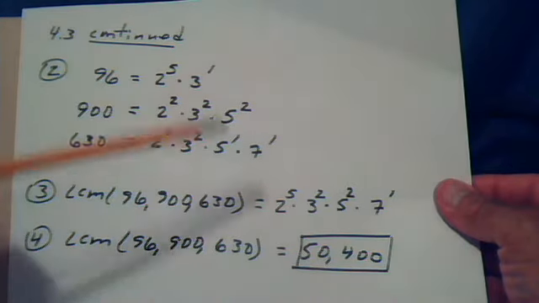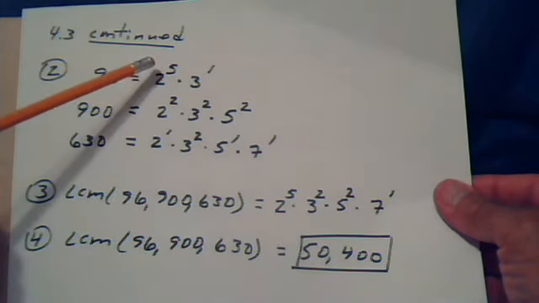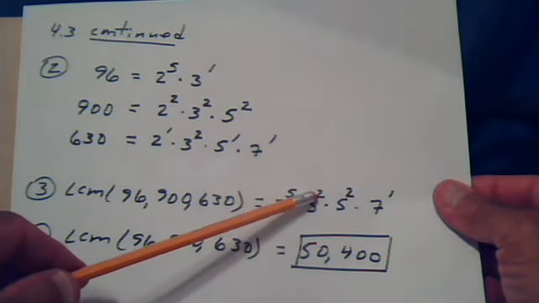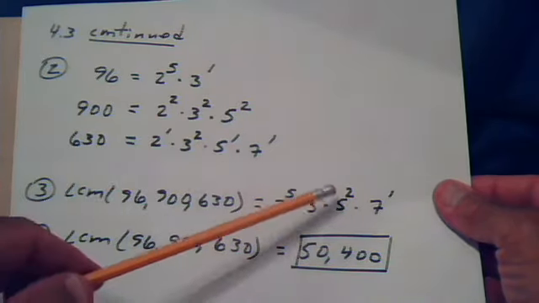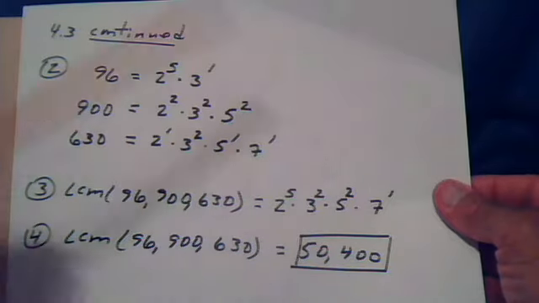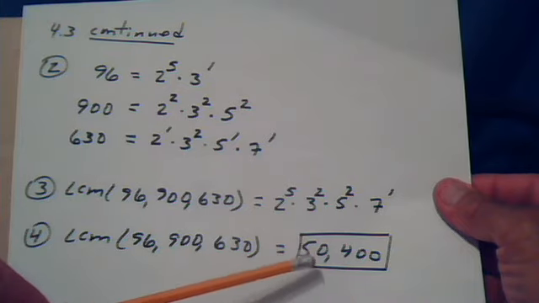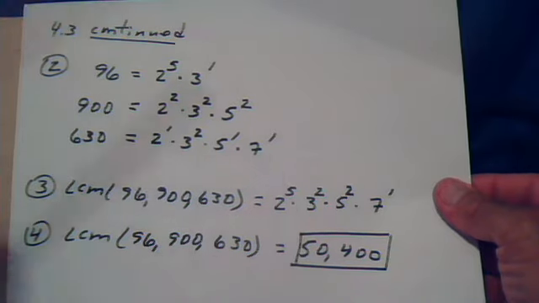The second step, go to that prime number, for example, the 2, and notice this is 2 to the 5th, 2 to the 2nd, 2 to the 1st. You take the biggest power. So I take the biggest power the 2 appears with. Then I go through the 3's and I get the biggest power the 3 appears with. And then the 5, the biggest power it appears with, and then the 7. Multiply them out, and that would be your least common multiple, 50,400.